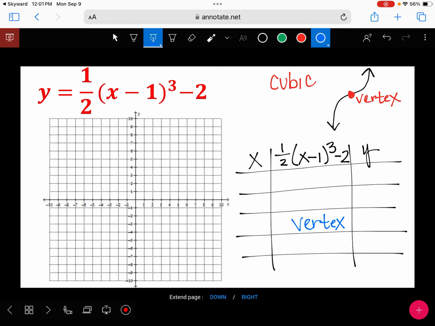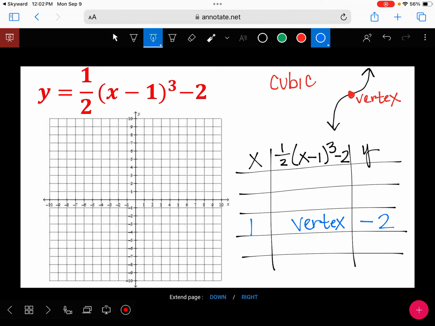What is the vertex or the middle point for this function? What did you say? Is it 1, -2 or -1, -2? It's +1, -2, because you always flip the sign if it's inside.